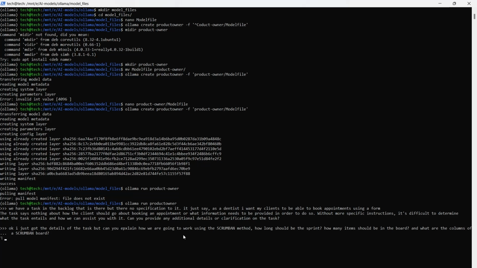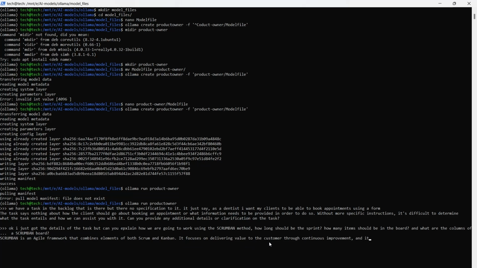So it's very responsive. We get the answer pretty quickly. So bear with me a few seconds. Scrumban is an agile framework that combines elements of both Scrum and Kanban.